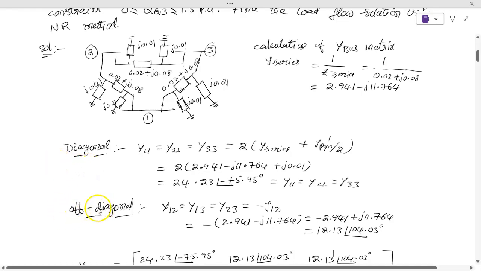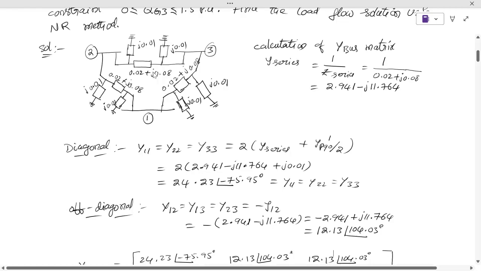And coming to the off diagonal elements, y12, y13, y23 is equal to minus y12. All off diagonal elements are the same, because they have given the same series admittance value.